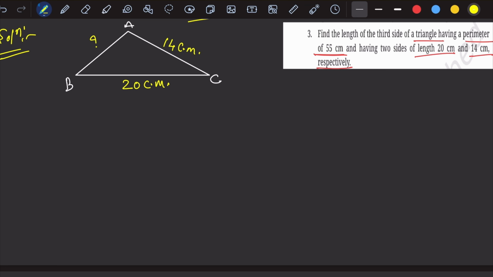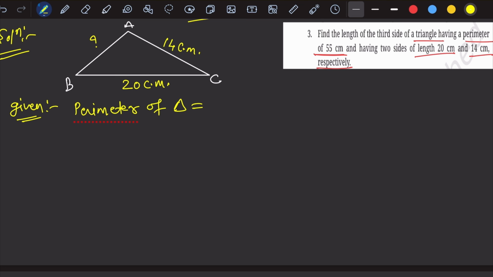We have to find out this one. Two sides are given, we have to find the third one. So how will we solve it? The given in the question is perimeter of triangle equals 55 centimeter. This is the total perimeter of the triangle.